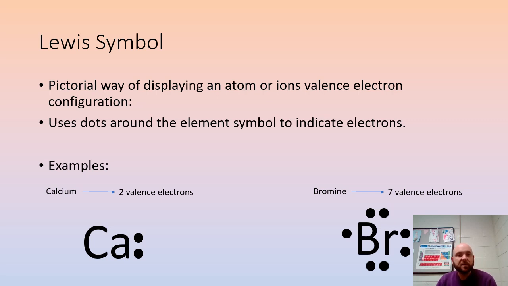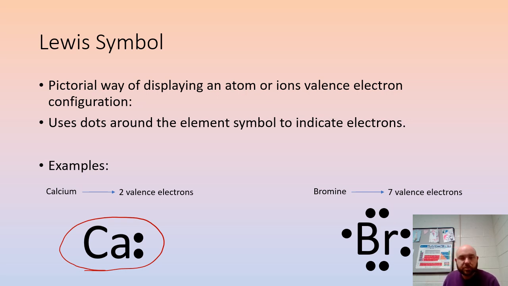Calcium is in the 2nd column of the periodic table, and elements in the 2nd column have 2 valence electrons, and so the Lewis symbol for a neutral atom of calcium would be, as we can see here, the calcium symbol with 2 dots out to the side to indicate the 2 valence electrons.